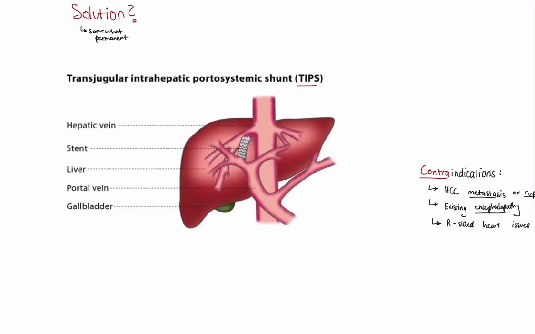This stent essentially helps bypass the small circulation of the liver that ends up accumulating a really high resistance in cases of portal hypertension.